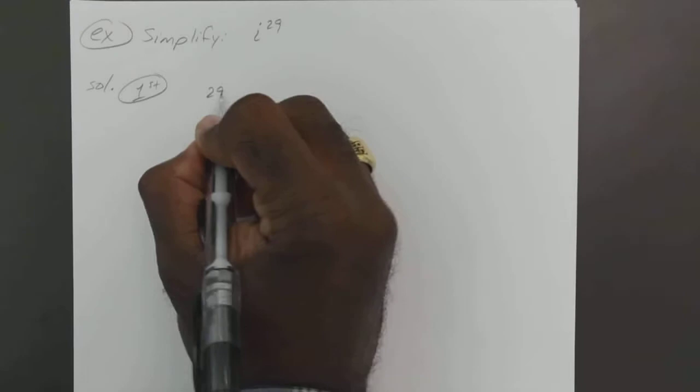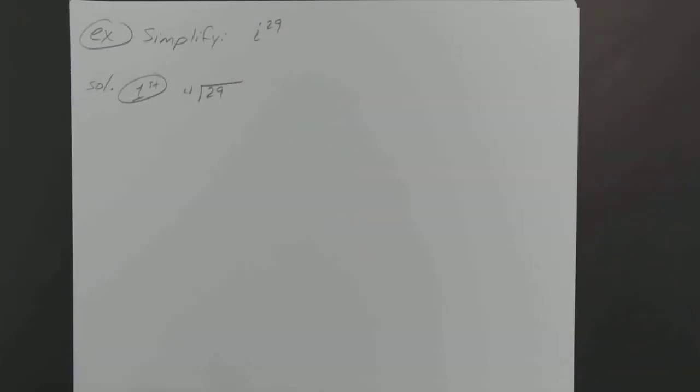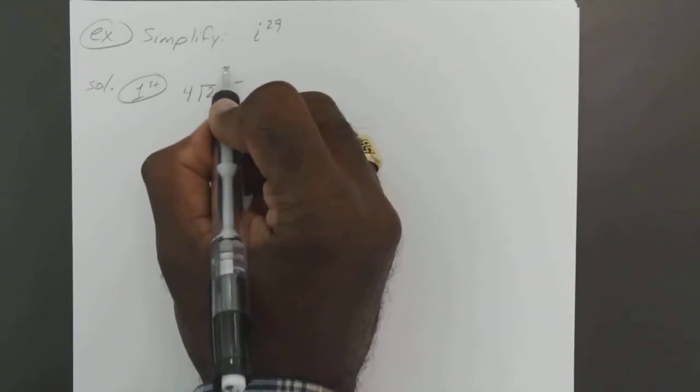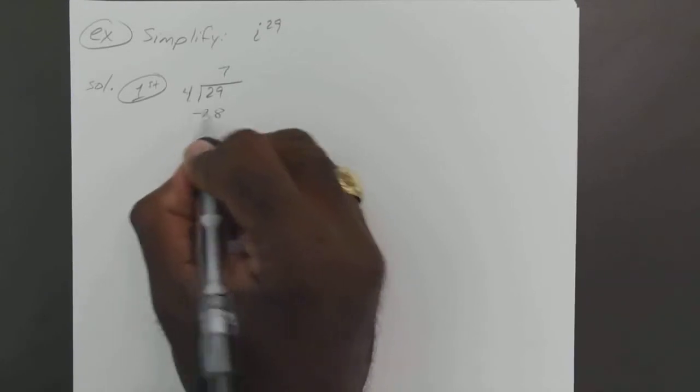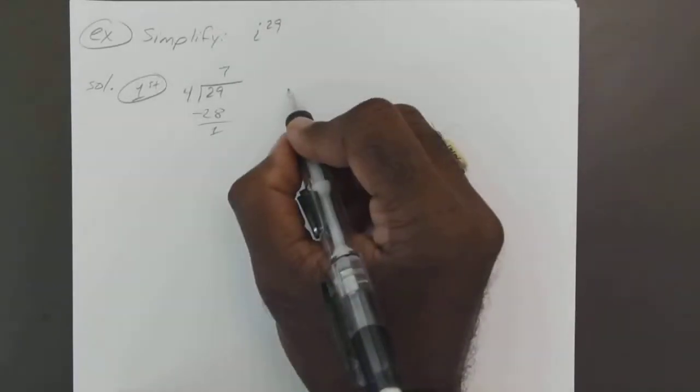The first thing you want to do is divide 29 by 4. 4 goes into 29 7 times. 4 times 7 is 28, which leaves you a remainder of 1.